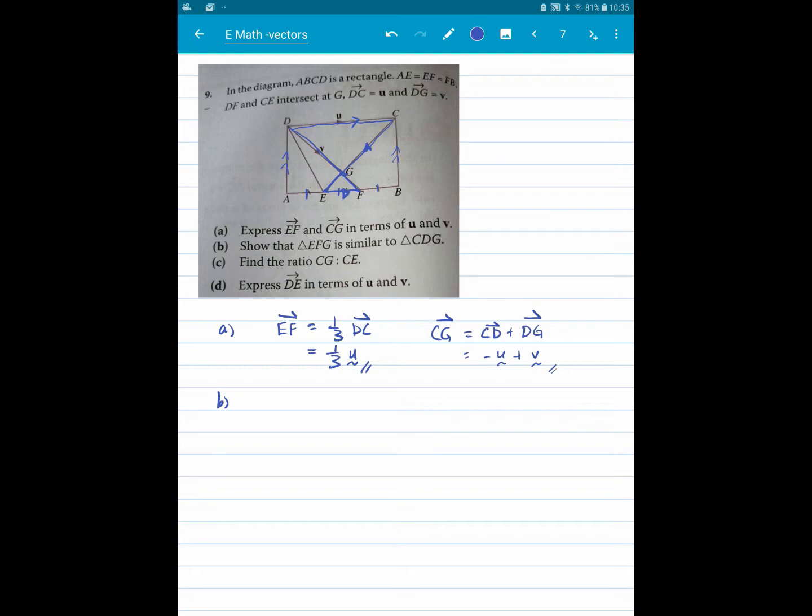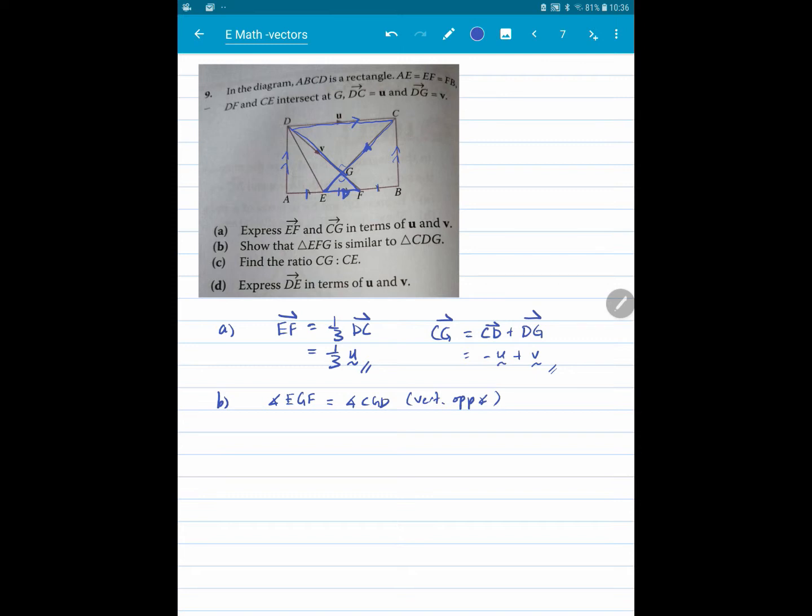The first angle we're going to prove the same is angle EGF is the same as angle CGD, and the reason is because they are vertically opposite angles. EC and DF are straight lines.